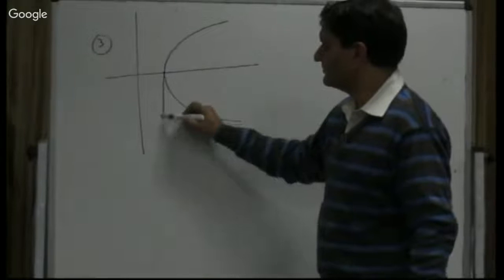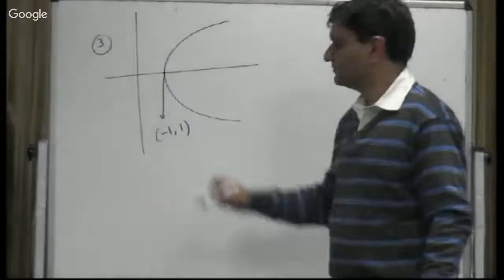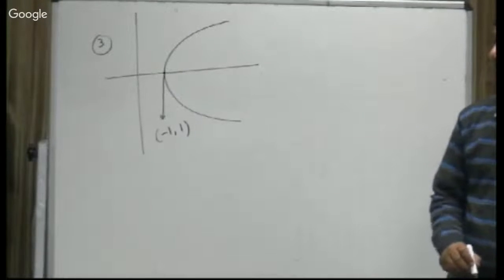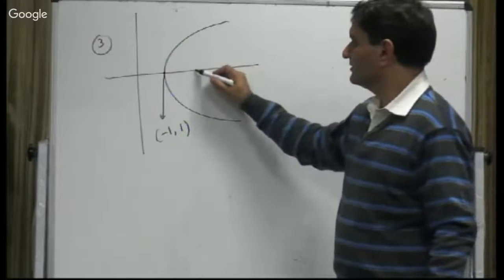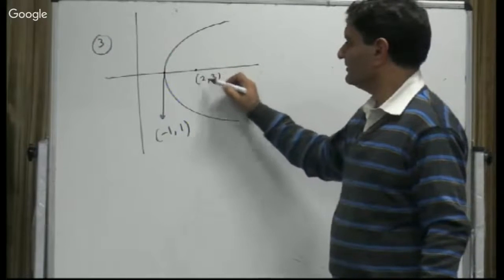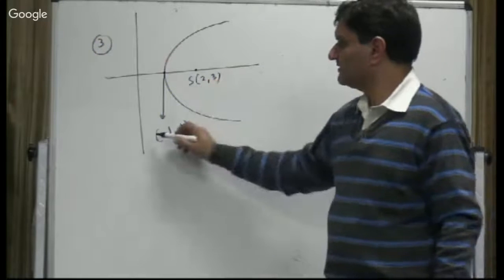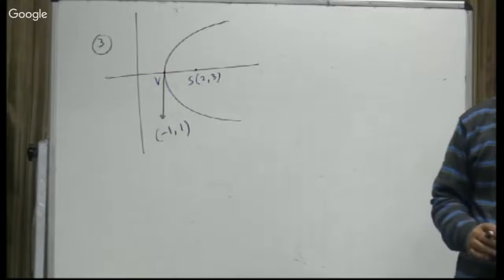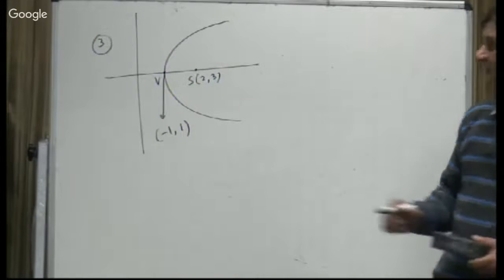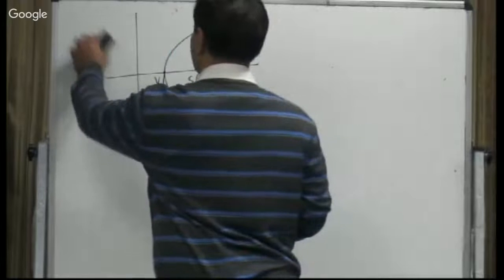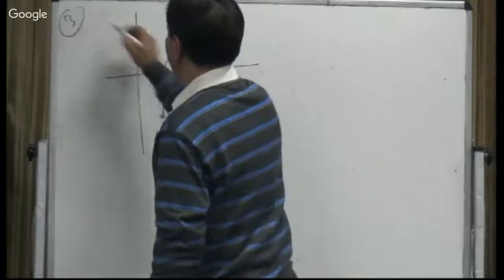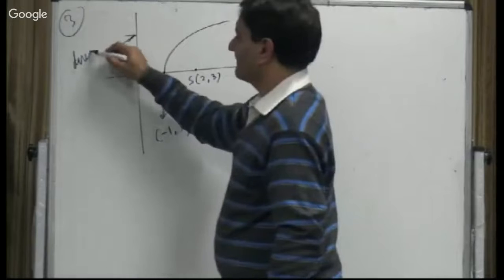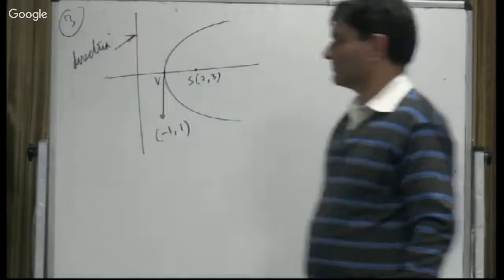Question three, what is given? The vertex is (-1, 1) and the focus is (2, 3). Now what you have to find is the equation of the directrix.